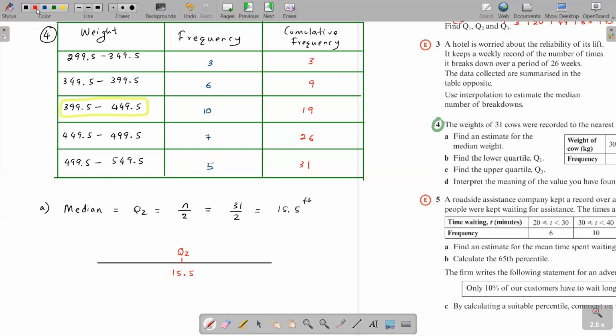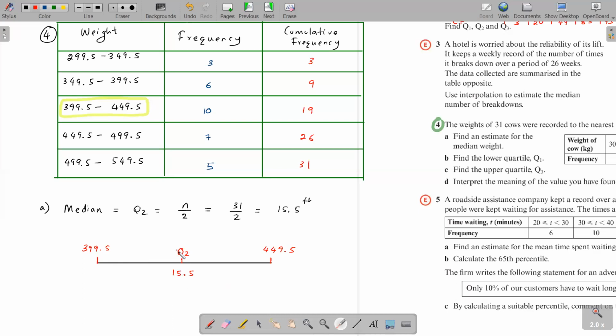So I'll first mark that. My median, my Q2, is between 399.5 and 449.5. Do you follow me? This Q2 is somewhere in between these two values. It doesn't have to be exactly in the middle, but it is going to be somewhere in between.